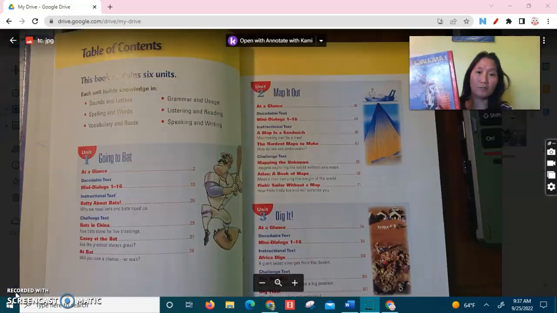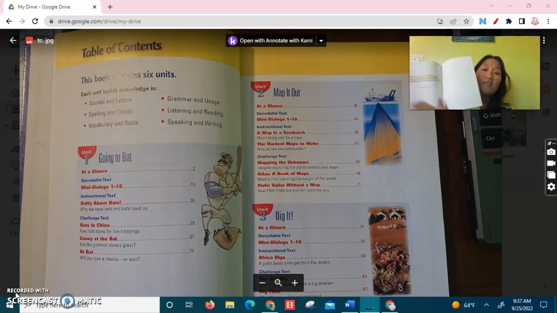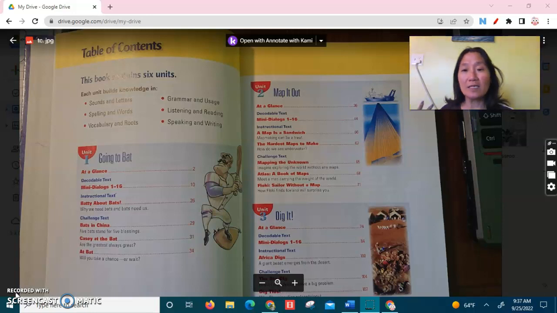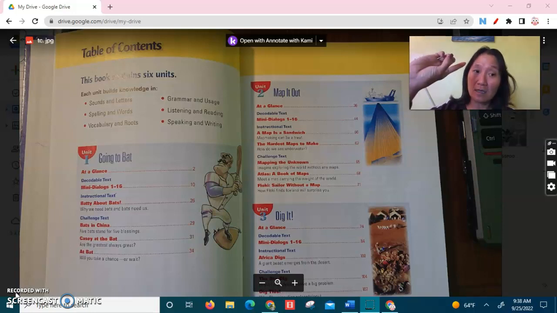Looking at this book, if I flip it open to the first couple pages of the book, I notice that I run into my table of contents. And that table of contents right here, again, tells me the units. Those are the topics, and then the headings. So you see going to bat, unit 1, that's the heading.